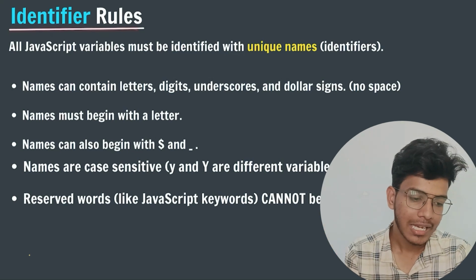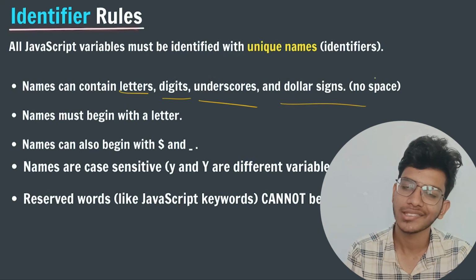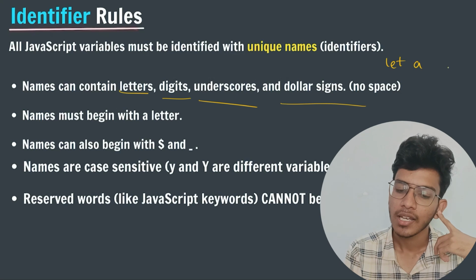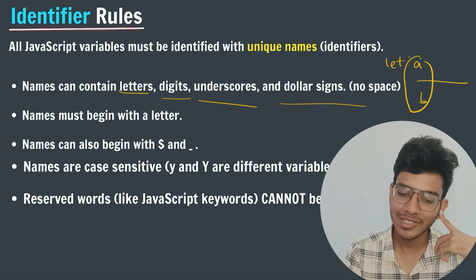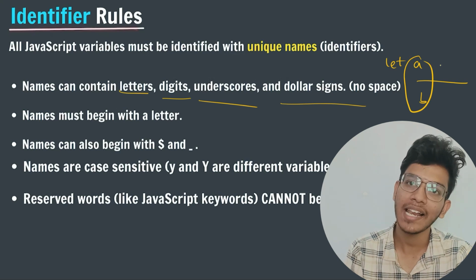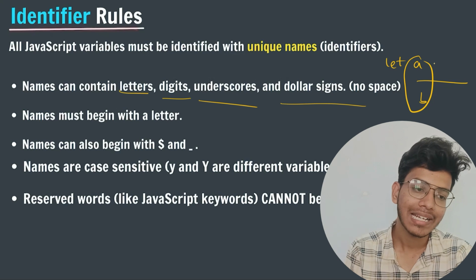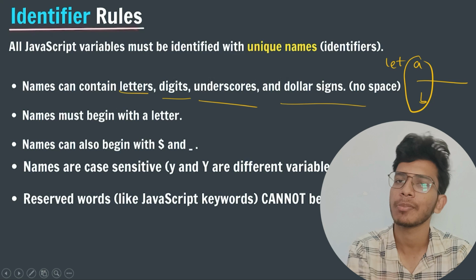The rules are: the name should contain letters, digits, underscores, and no spaces. Which means that let's say I'm creating letter A and I'm giving 10 spaces after B. This too can't be a single variable, because while giving the name of the variable, we cannot give space in between them.